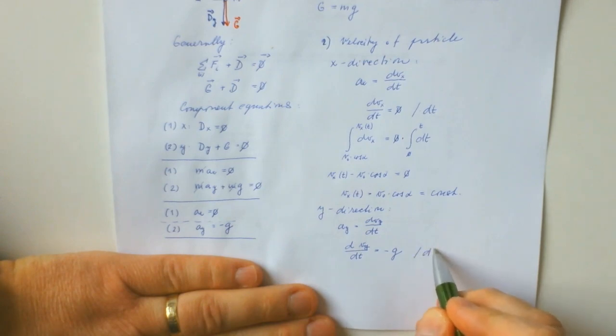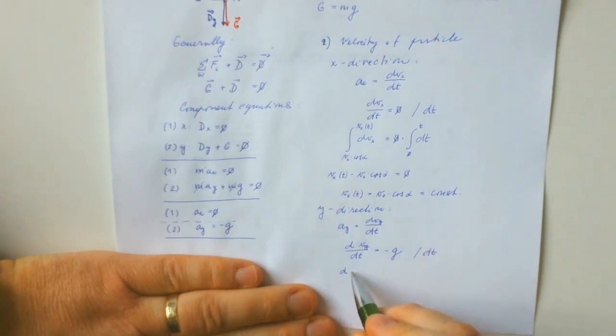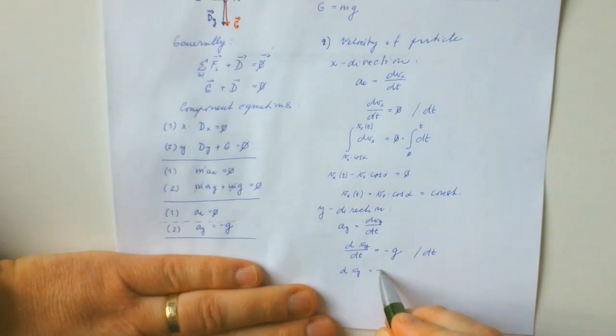We can multiply it by dt, so we get dvy is equal to minus g dt.